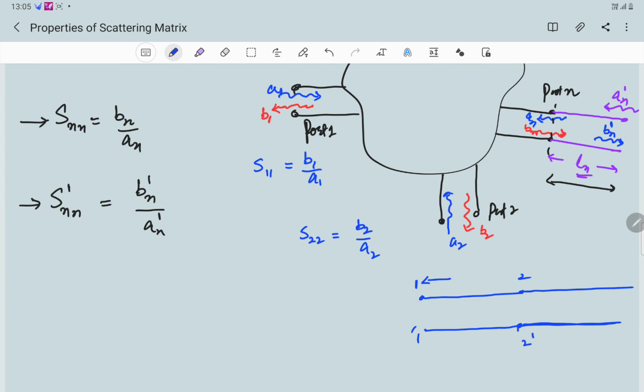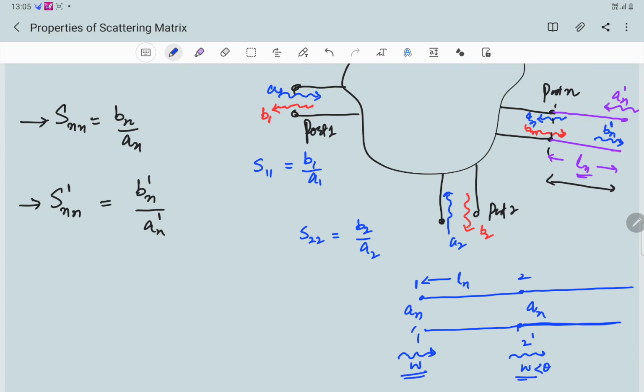If the amplitude at point 1 1 dash is An and this length is Ln, the amplitude of the wave at 2 2 dash would be An, the same amplitude as it is a lossless line, but there will be a phase delay between the two waves. If this is some wave W and this is the same wave W, there will be a difference in phase between the two waves.